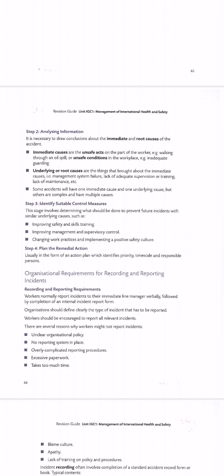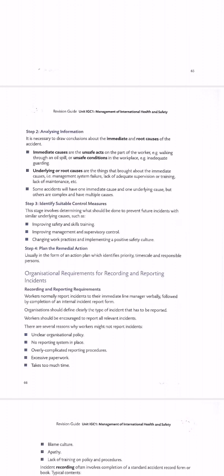You have to improve safety training so people will know about that area. Then improve management and supervision control, how you can improve supervision, monitoring, right? Then also you can change working practice and implement a positive safety culture.